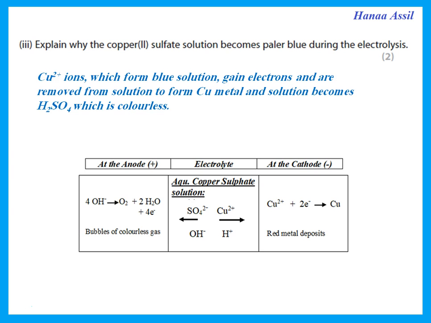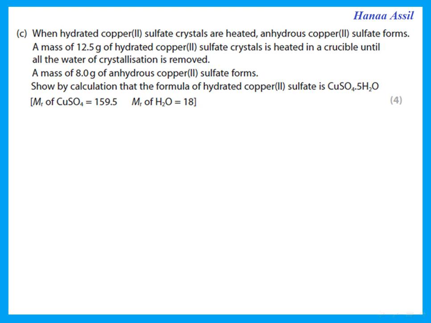So the copper 2 plus ions, which are the source of the blue color, gain electrons. They are removed from solution to form copper metal. So the solution becomes sulfuric acid, which is colorless. Remember, the color becomes paler due to the removal of the copper ions, because it is the presence of the copper ions that causes a blue color.